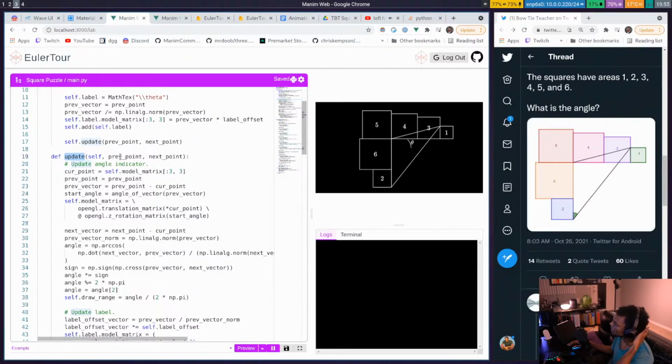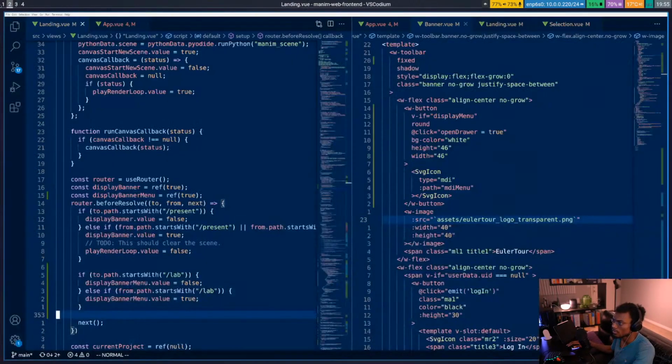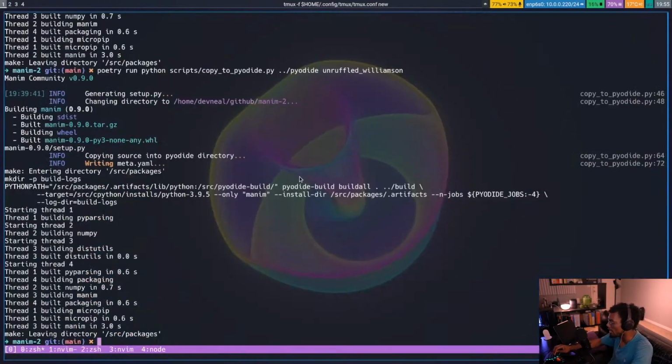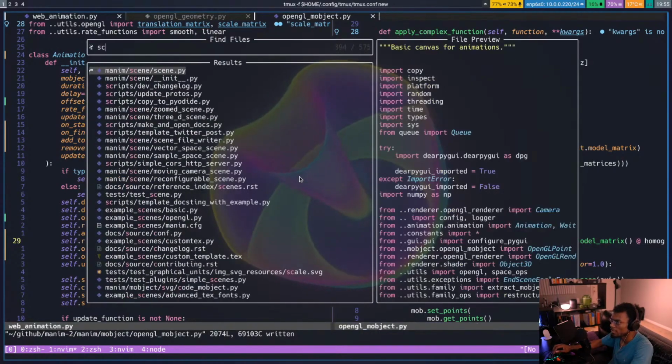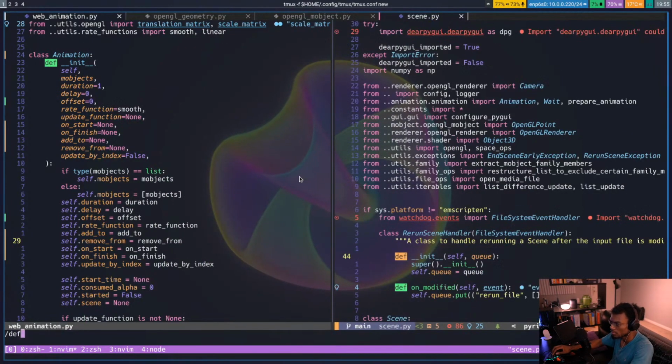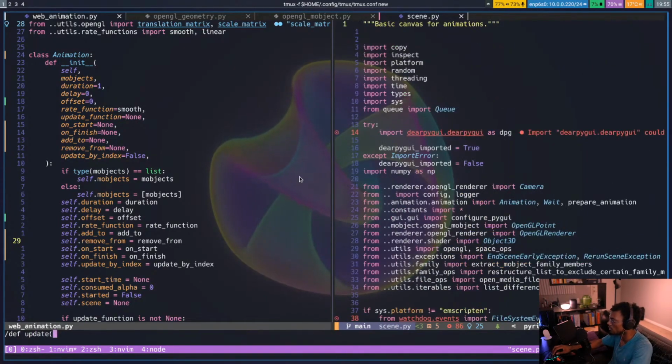Oh, you know, it might be annoying. I think update gets automatically called by Manim. And that's kind of annoying. If I could have seen that pie. No, I actually don't see it here.